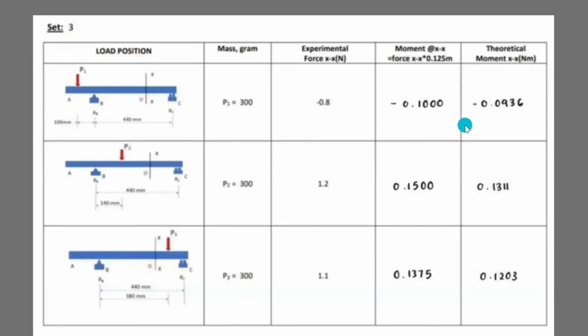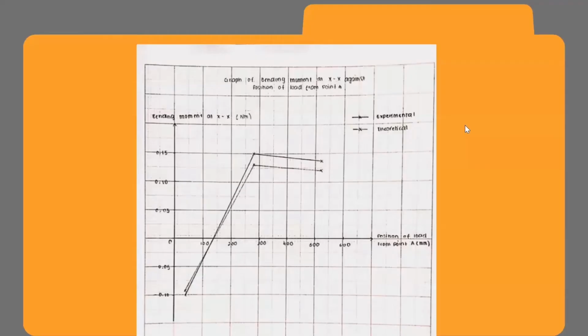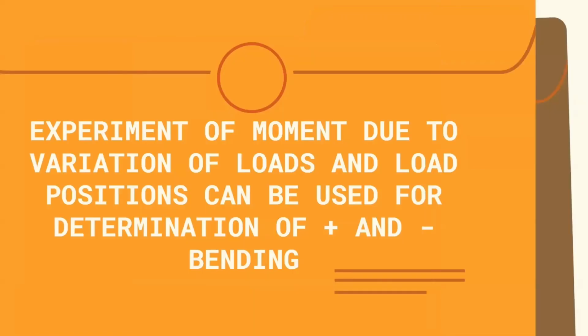From this tabulated data, we can proceed to plot the graph of bending moment at XX against the position of load from point A. Here we can also see the differences between the experimental and theoretical values that may happen due to the errors that occur during the experiment.